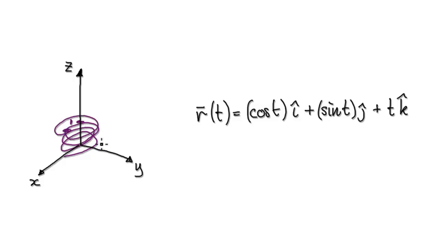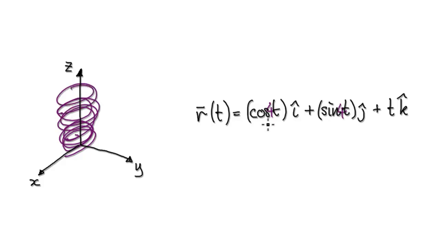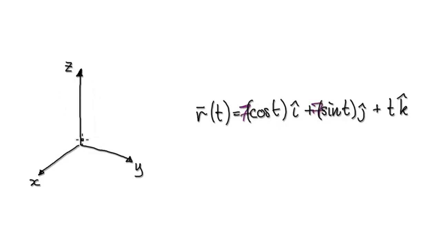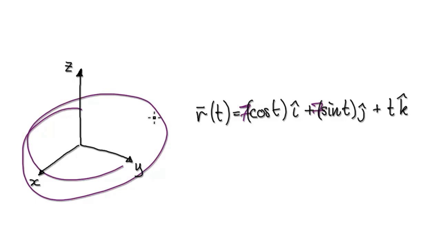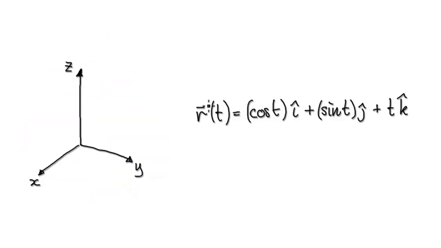The point is that if you insert a number in here, but keep this the same, then you're just going to have more cycles in 1 second. 4 cycles in 1 second, and then another 4 cycles in 1 second. And you can alter this by changing, say, 7 here. That would increase the radius of your helix and so on.